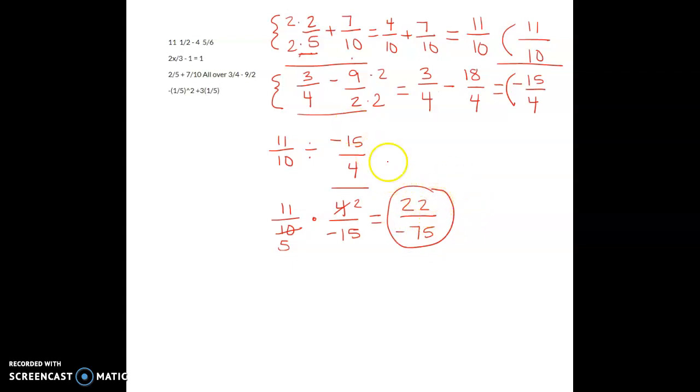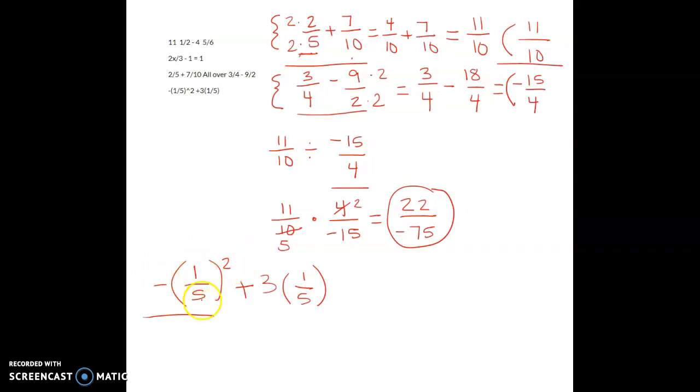Okay. All right, last problem. We have negative 1/5 squared plus 3 times 1/5. Now, I wasn't able to see your exact error, but what I'm guessing is it had to do with this first one. So remember, because the negative is on the outside, it's not squared.